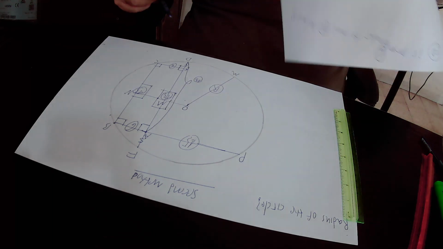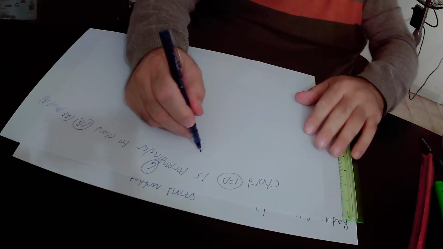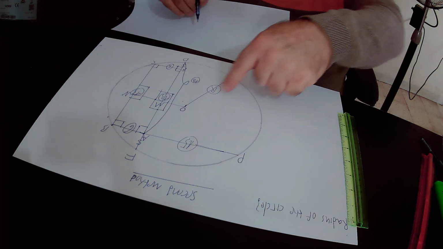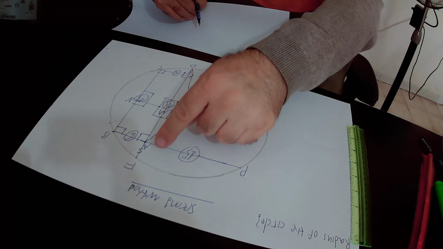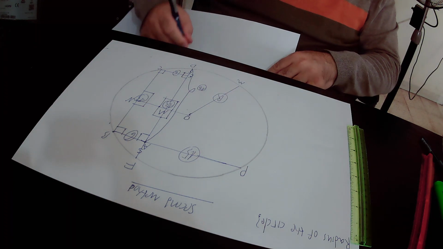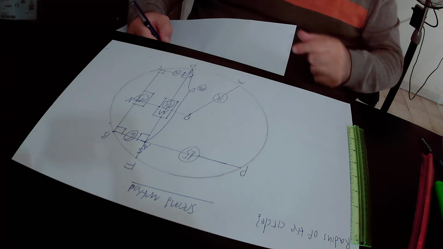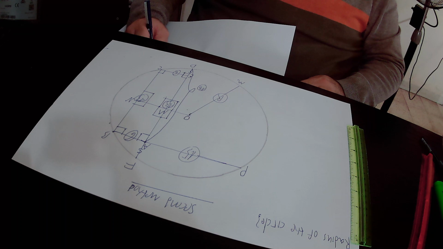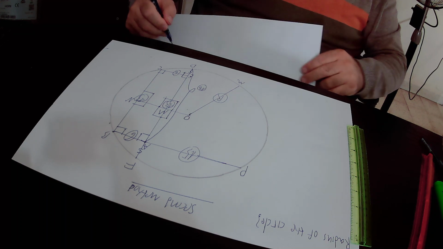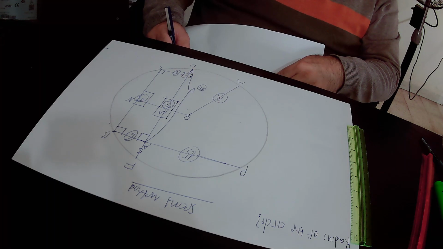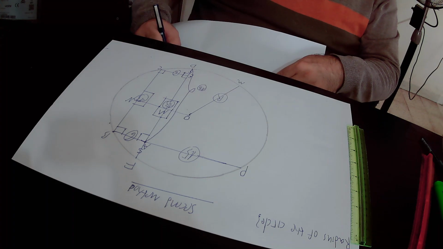And according to rule number 4, we get that 4R squared, R is the radius of the circle, equals FA squared plus AD squared plus PA squared plus AB squared.